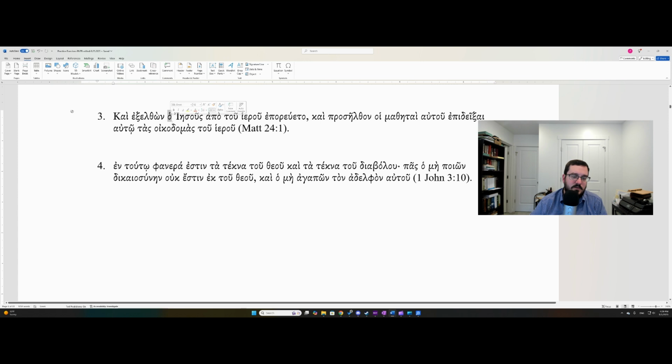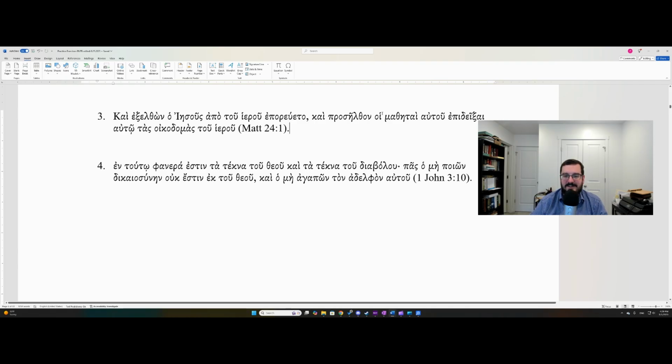Ho Jesus. And remember, it's very helpful to memorize the article with the word. I wasn't super consistent with that in seminary, and sometimes it haunts me. Ho Jesus, apo tou hierou. So we got our first, it's a nominative masculine singular. We have tou hierou. We know we have a genitive neuter singular from hieron, right? So there's one we can identify.